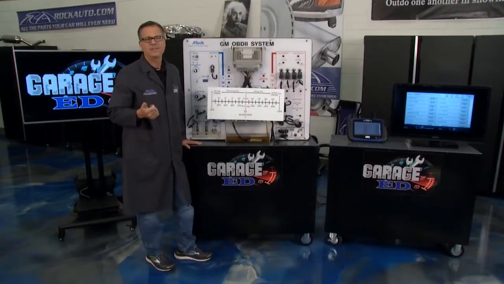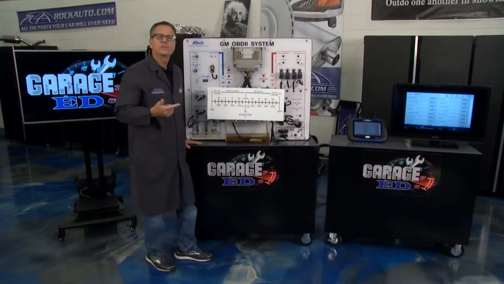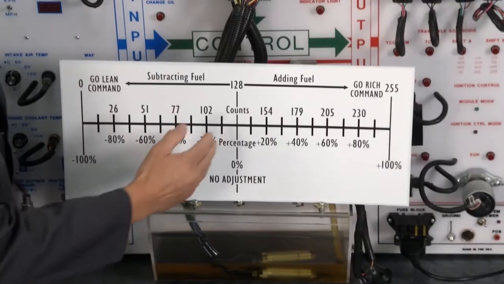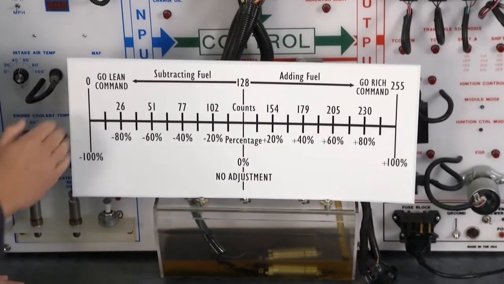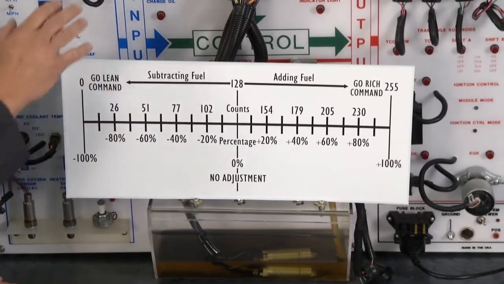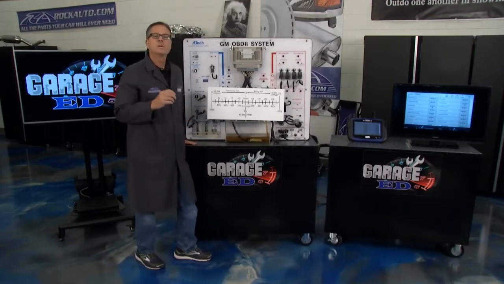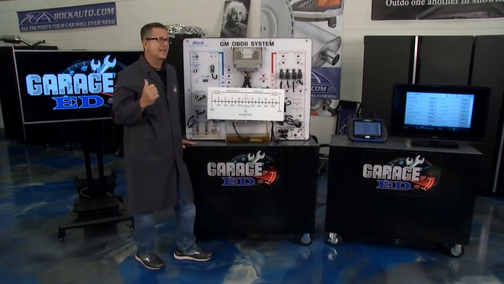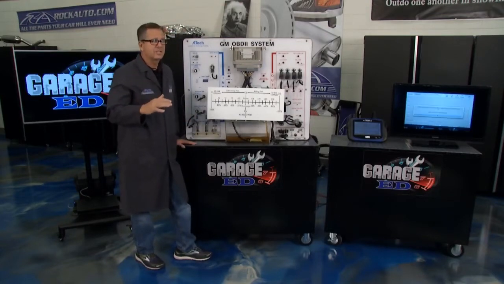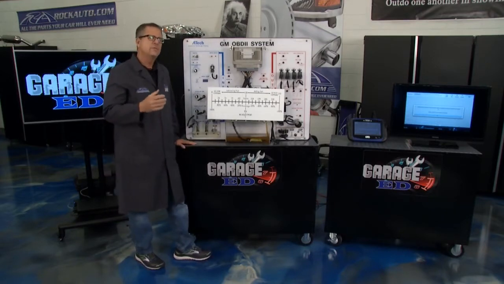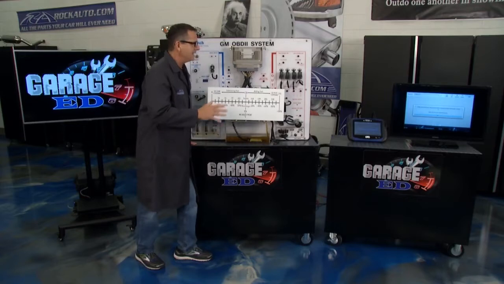You want to look for a vacuum leak, clogged fuel filter, something that's giving you too much air and not enough fuel. On this side of the chart, it's a go-lean command. If the computer's going lean, he's not turning on the injectors very much. That's because there's a rich condition. Those oxygen sensors down there are sensing not much oxygen and a lot of fuel. So that could be a fuel pressure regulator, too much fuel, not enough air. That's how it all works.